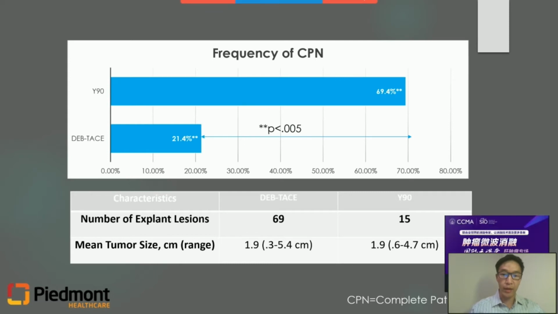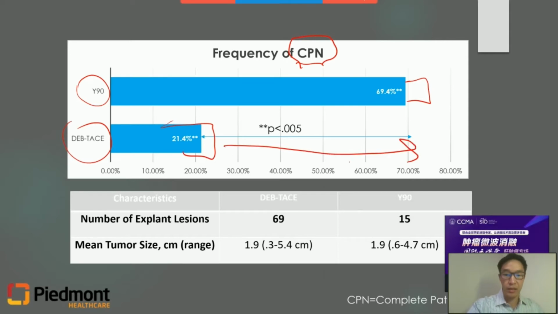In their study, when they compared the frequency of complete pathological necrosis, in other words, when looking at a slide, how many patients had complete necrosis of their tumors, you can see that there was a substantial difference between Y90 versus DEB TACE. Almost 70% of patients who had received Y90 had complete necrosis of their tumor, as compared to only 21% of patients who had received DEB TACE.